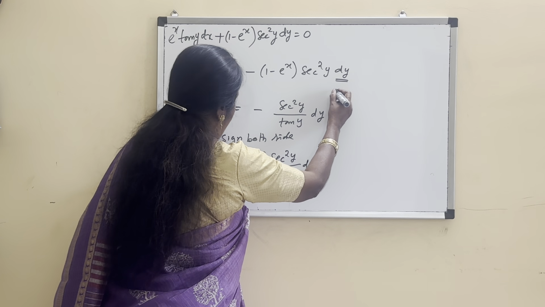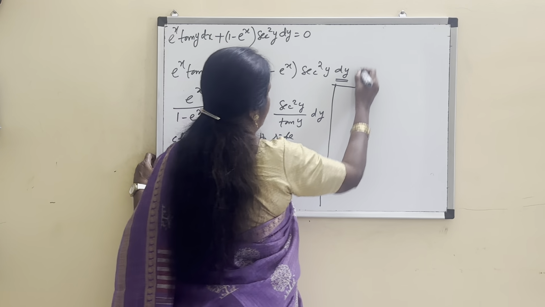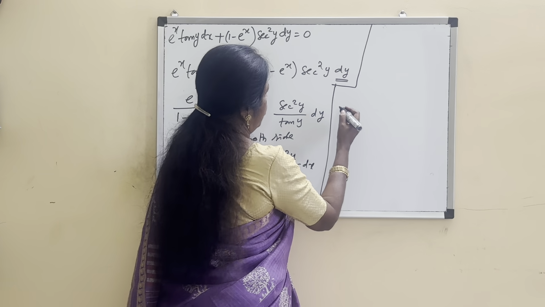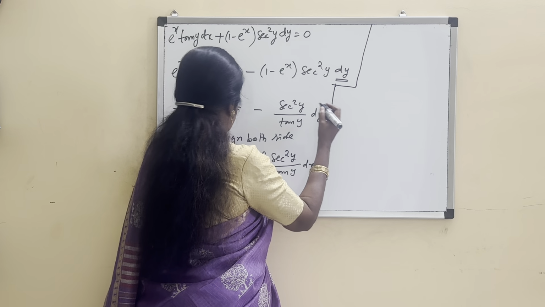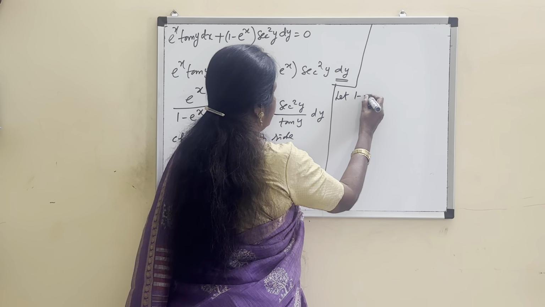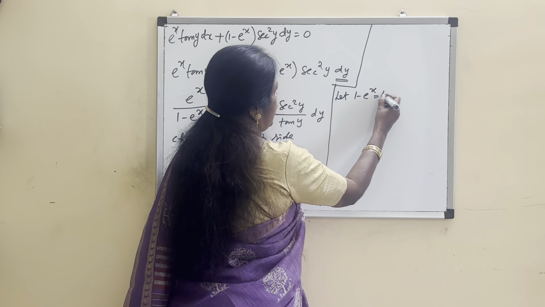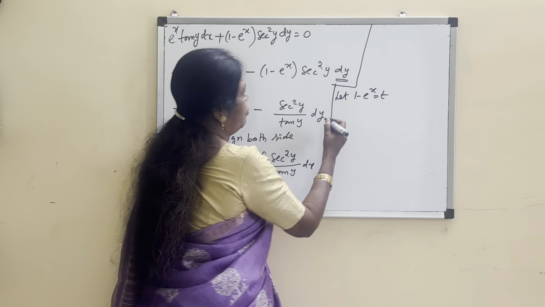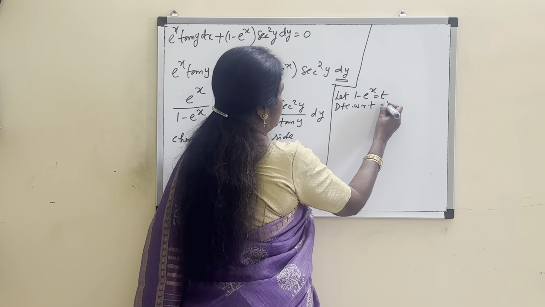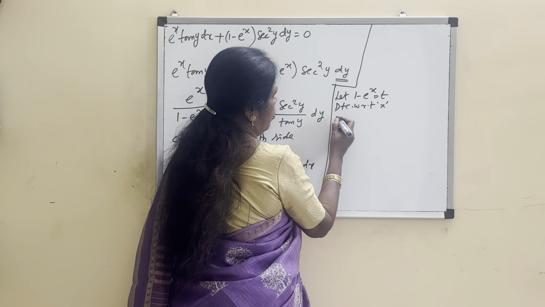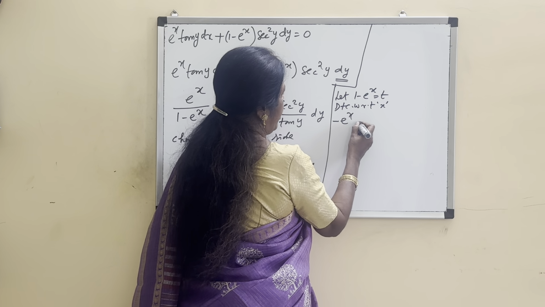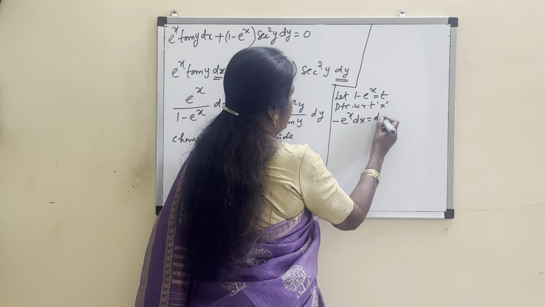Right. Now I am going for the substitution method for both. So for the first one, let 1 minus e power x equal to t. Differentiating with respect to x: differentiation of 1 is 0, differentiation of minus e power x is minus e power x into dx equal to dt.